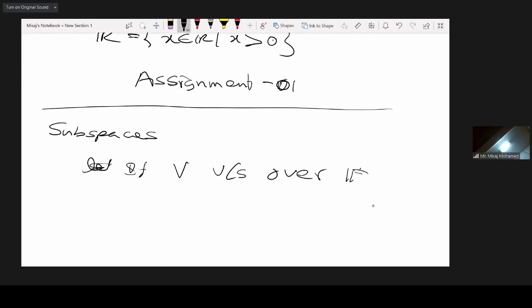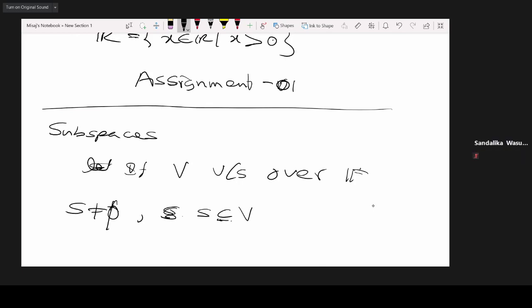Let V be a vector space over the scalar field F, and S a non-empty subset of V. Non-empty means at least one element must be there.